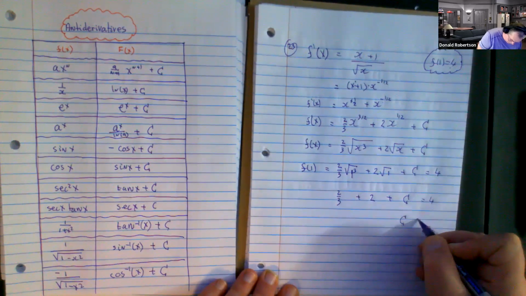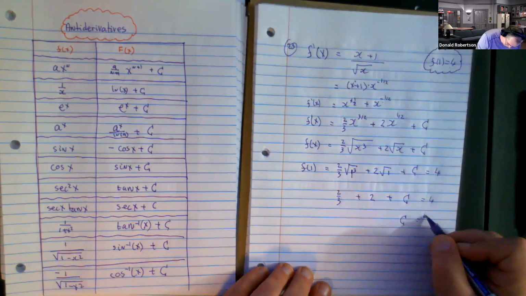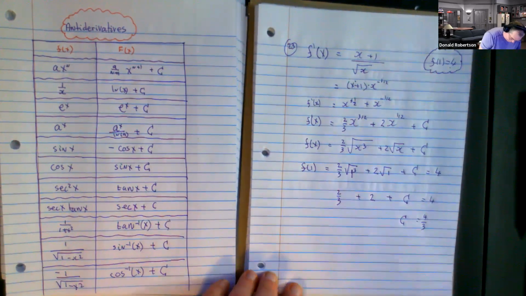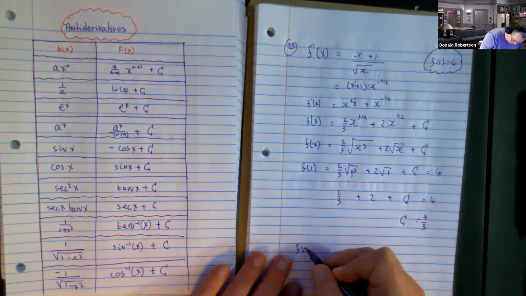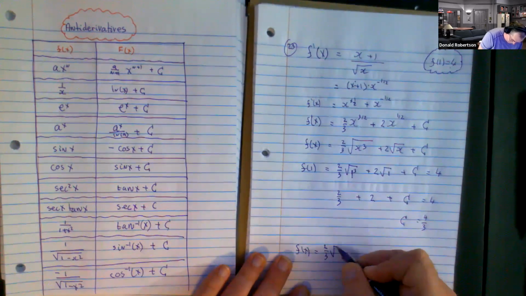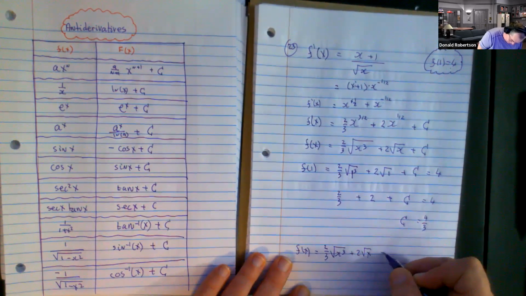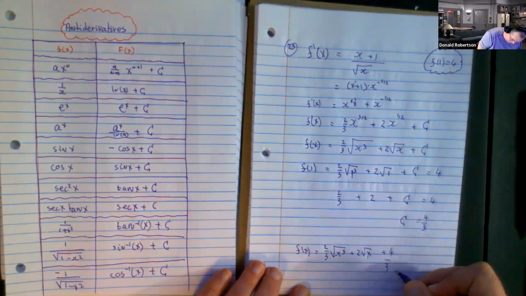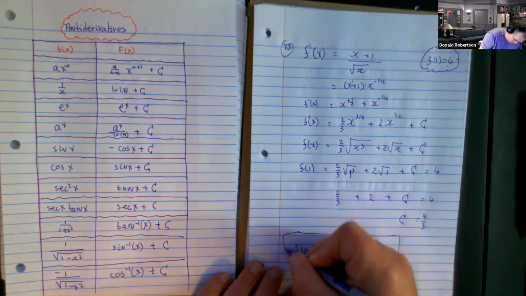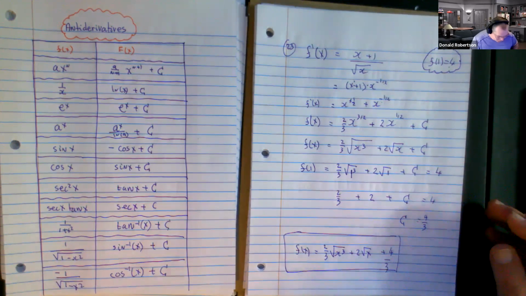And all I need to do is subtract 2 from both sides and subtract that from both sides, and you get 4/3. And so our final answer is the antiderivative is that guy plus that guy plus 4/3. We're finished.